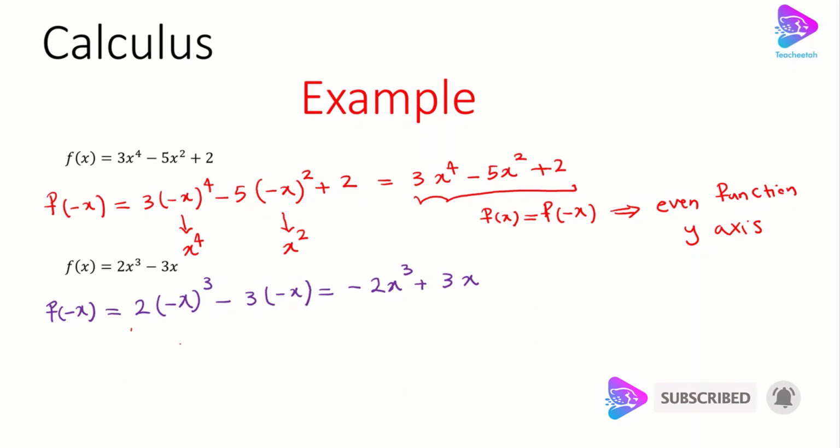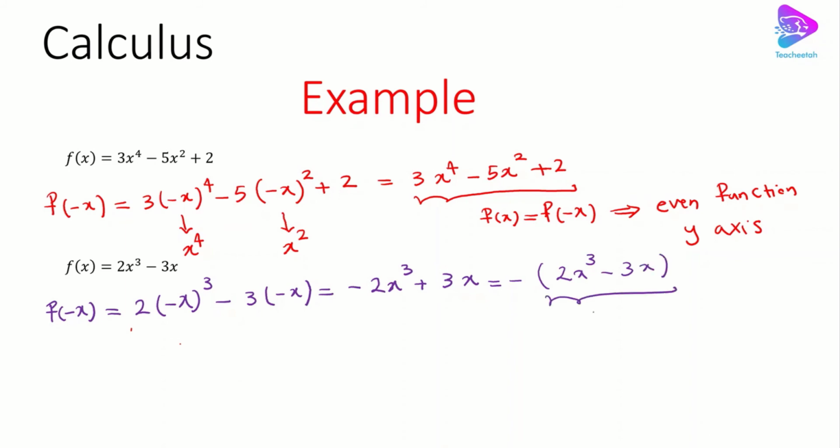We can rewrite it as minus 2x cubed minus 3x, and this is basically minus f of x.